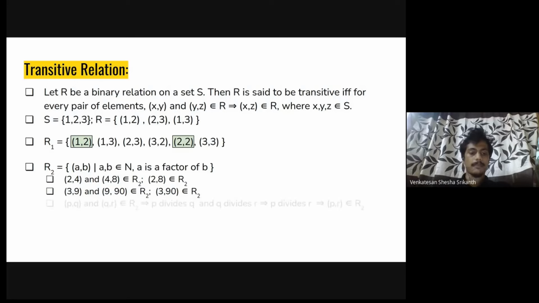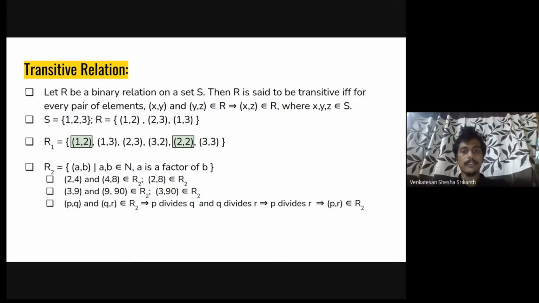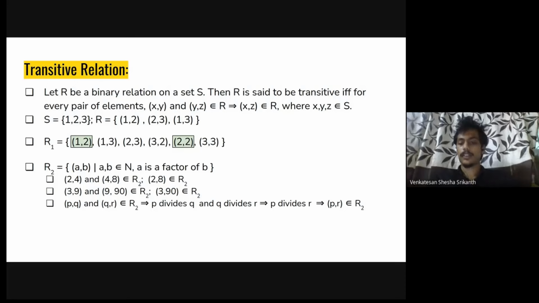What exactly is happening here? If I have elements p comma q and q comma r in my R2, that means p divides q, that is, p is a factor of q. And q comma r is in my R2, so q divides r. When p divides q and q divides r, it is pretty evident that p divides r, right?